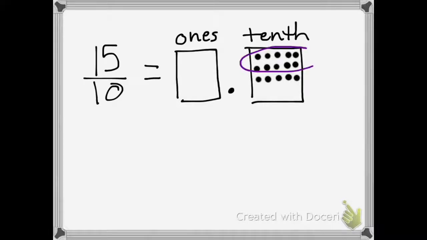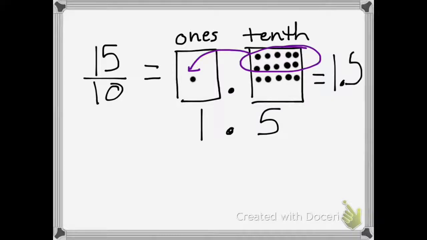These 10 are going to have to be regrouped. So they go over into the ones place. So what I then have is one whole, 5/10 left over, so it is 1 and, that decimal point will always say and, 5/10.